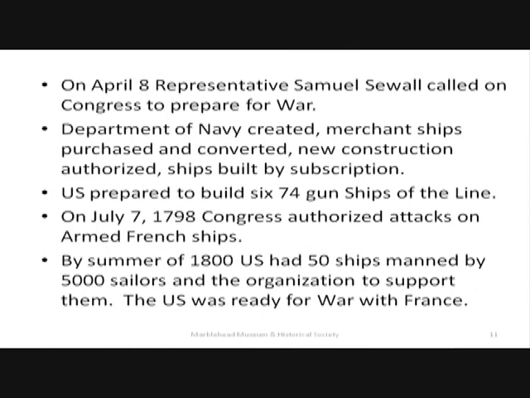And they also had ships built by subscription, which meant a local group of well-to-do people, like here in Essex County, would get together. They would come up with the money to build a warship, build it, and the government would give them government bonds for it.